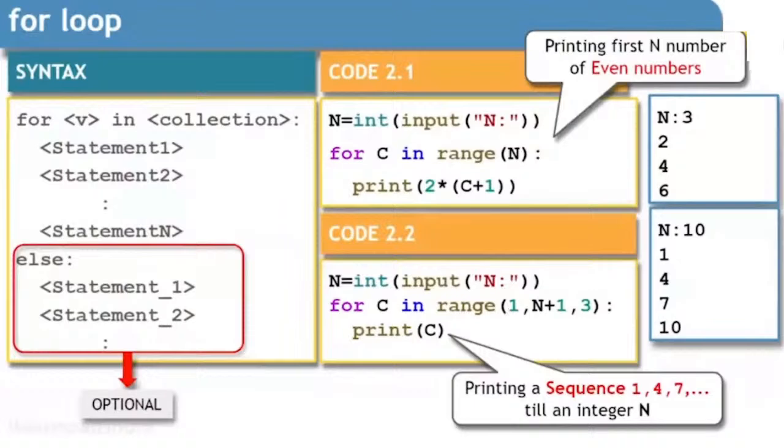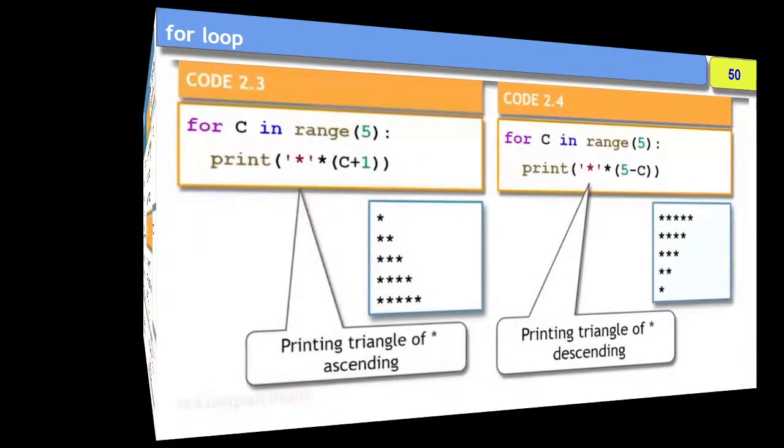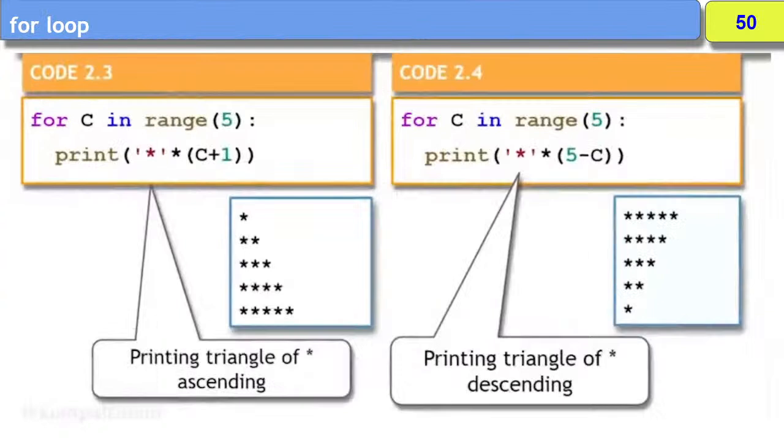Okay, now we are taking a new example. This is another example in which we are using for again, but here we have not mentioned the initial value of the range and the final value of the range.